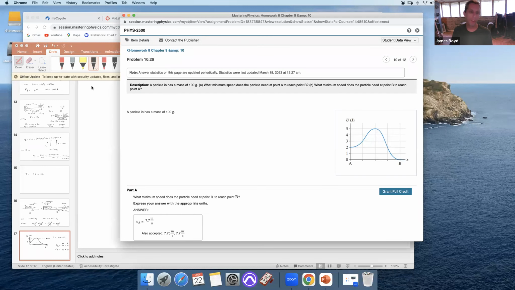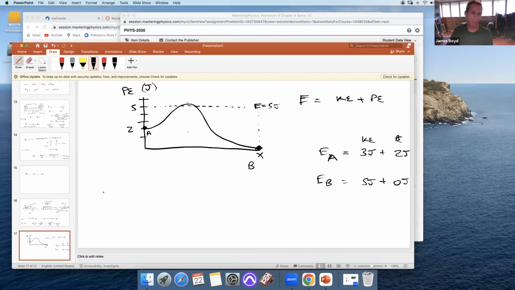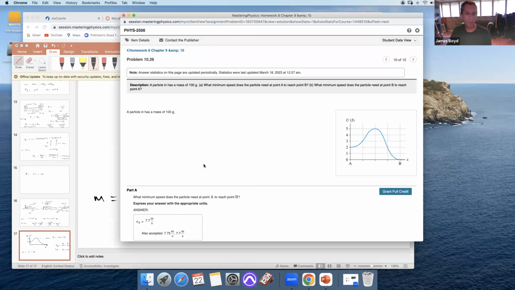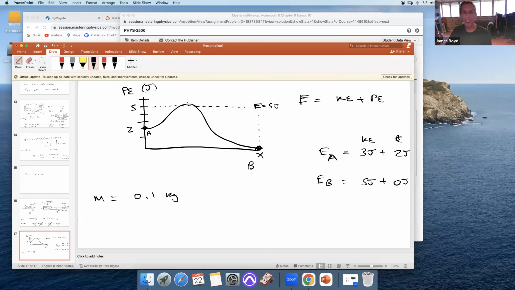All right. So we're told the particle has a mass of 100 grams, 0.1 kilograms. And we're asked, what is the minimum speed the particle needs at A to reach B? Now, at A, it needs to have a total energy of 5 joules, right? To get over the hill.